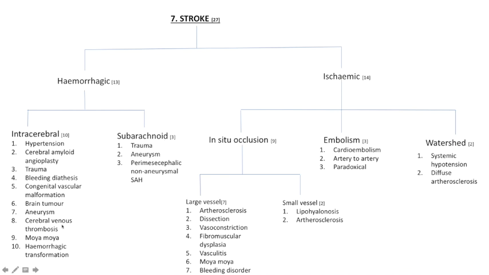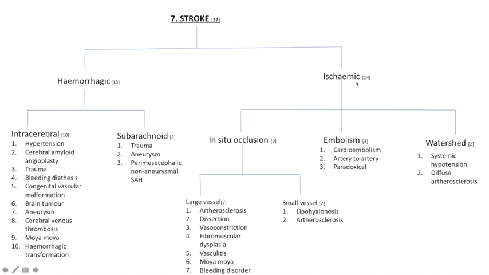Then we got cerebral venous thrombosis, like superior sagittal sinus thrombosis, bleeding into that, moya, and of course hemorrhagic transformation. So sometimes you have an infarct and you can have hemorrhagic transformation of the infarct, and we categorize that as hemorrhagic intracerebral stroke. Right, going on to subarachnoid hemorrhages can be caused by trauma, most often aneurysm rupture, like we said, or perimesencephalic non-aneurysmal subarachnoid hemorrhage. So that's your 20% of strokes on the left-hand side.